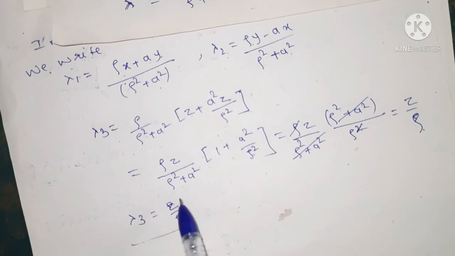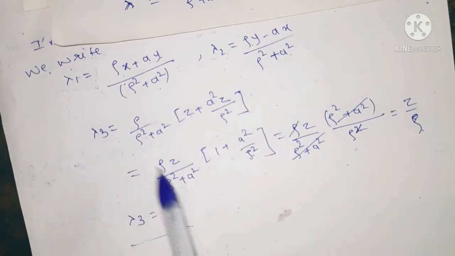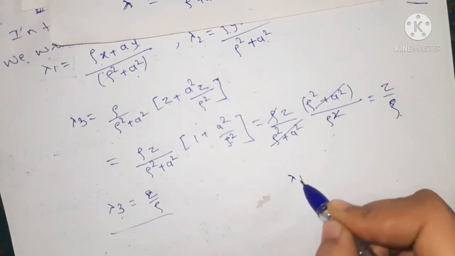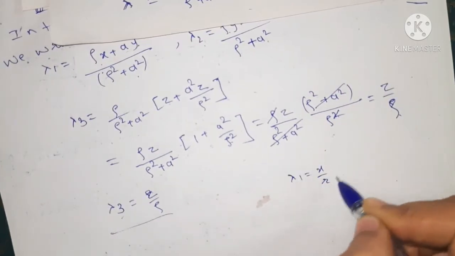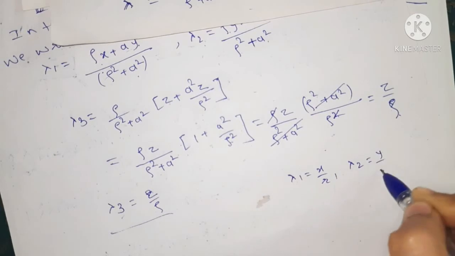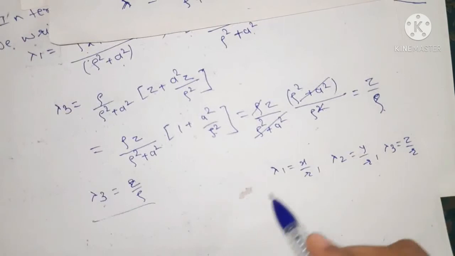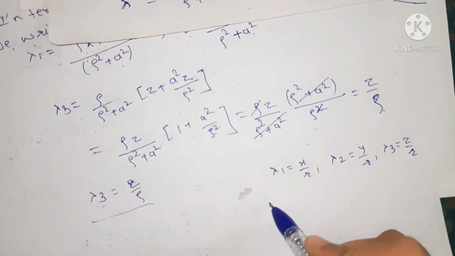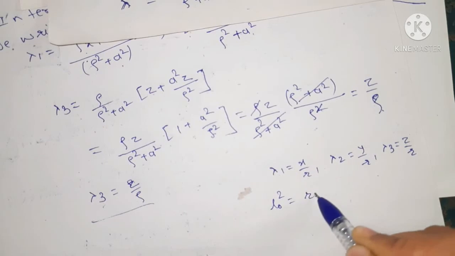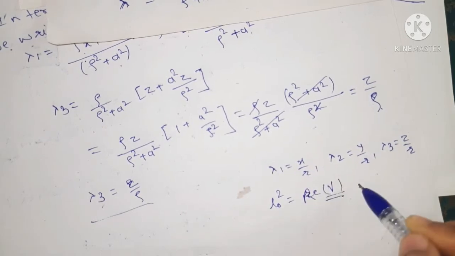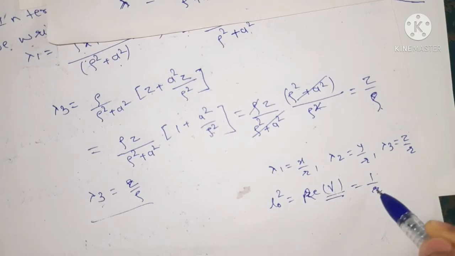And these components lambda 1, lambda 2 and lambda 3 we can compare with lambda 1 equals x upon r, lambda 2 equals y upon r, lambda 3 equals z upon r, and also the degenerate form of the matrix, that is L0 square, which is the real part of gamma, which is nothing but our 1 upon r.